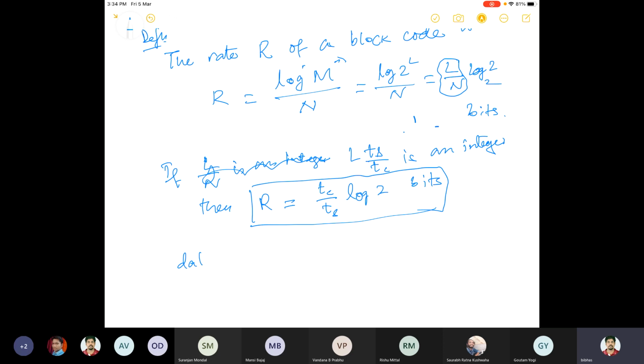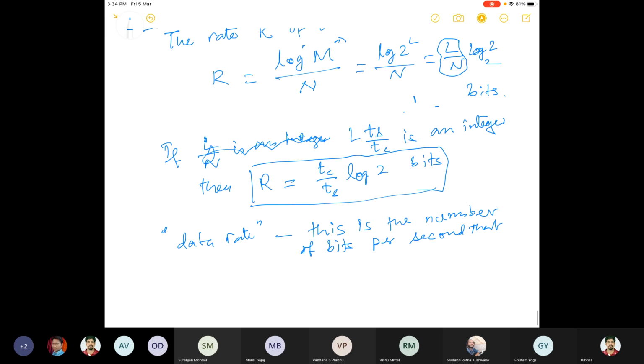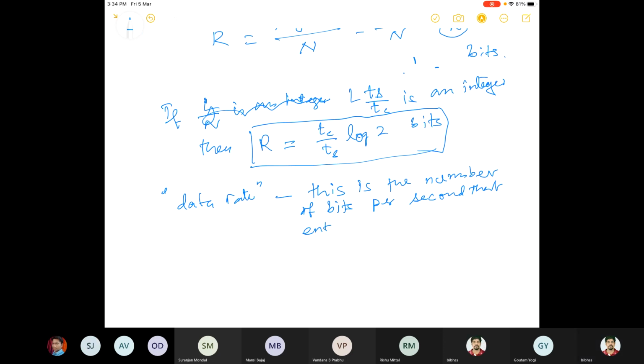By data rate, what they mean is the number of bits, or binary digits, per second that enter into the transmitter, which will transmit.